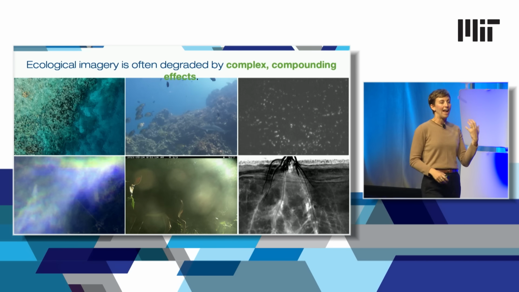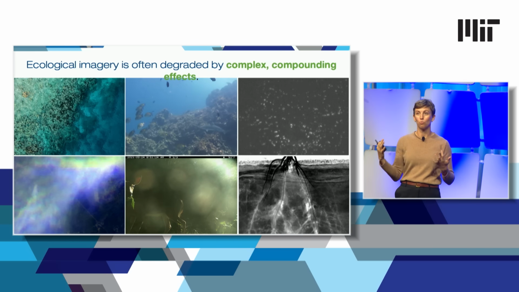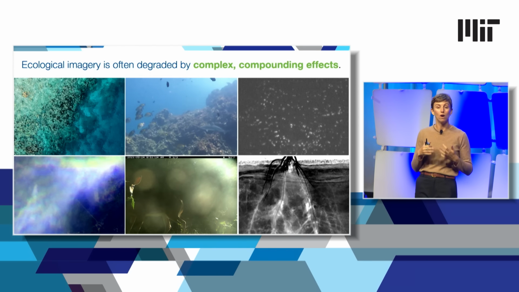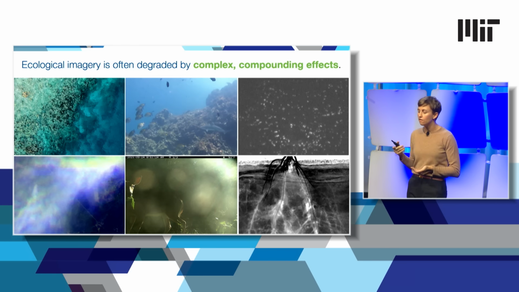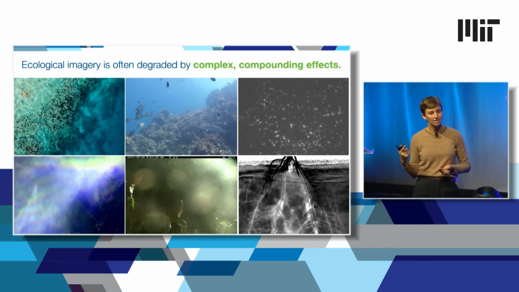It can have haze, it can have noise, it can have occlusions, we can deal with weather challenges. And so what we've been trying to do in our lab, as one of the many different diverse applications of generative AI, is figure out how to address the challenging noise, these compound degradations of data for ecological imagery.